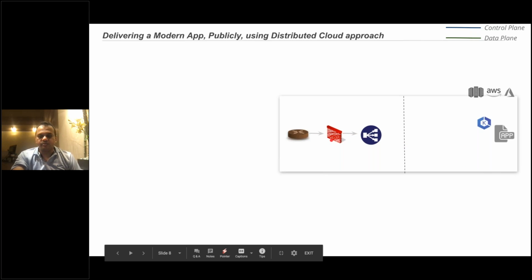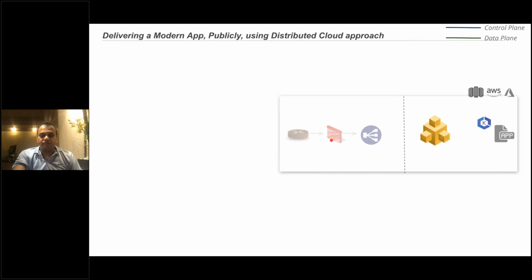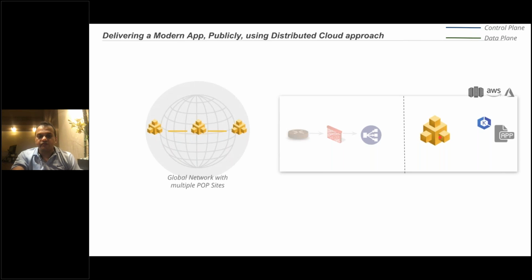In the case of a modern app, I'm not suggesting you get rid of these components. What we are saying is you deliver an integrated gateway or application gateway, if you can call it that, which should have the ability to discover the app, right? So it should be able to discover what services are deployed already.